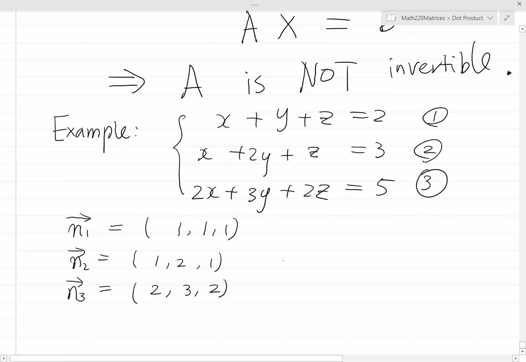So this means the three planes are not pairwise parallel. None of the pairs, 1 and 2, 2 and 3, 1 and 3, is parallel. So planes 1 and 2 are not parallel, so they naturally intersect in a line.